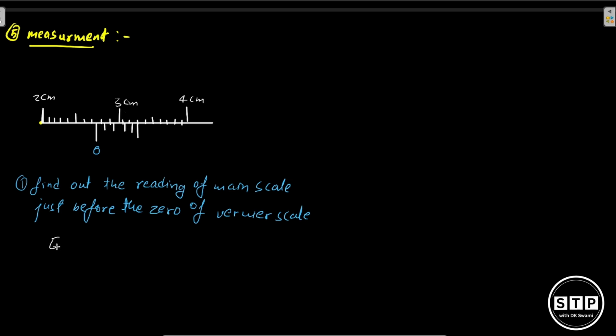In this example, this reading is 2.7. I can call it the MSR, main scale reading, so that is 2.7 centimeter.